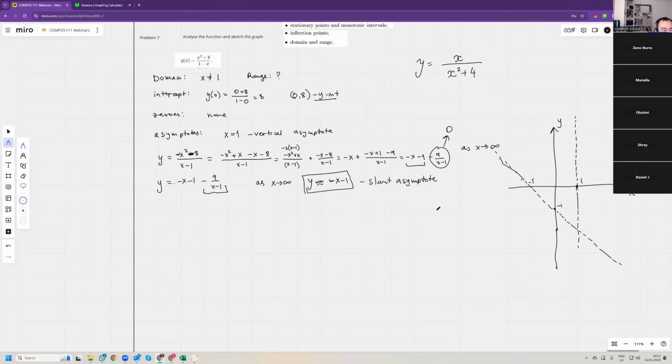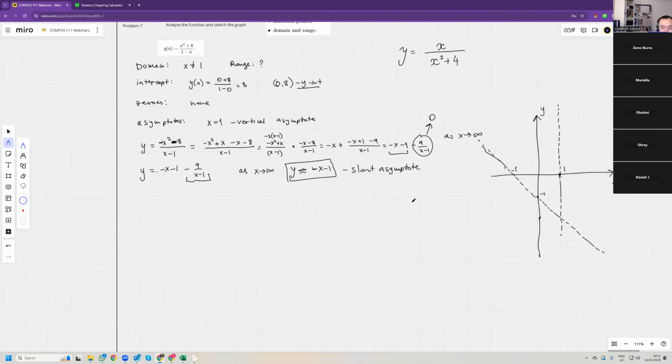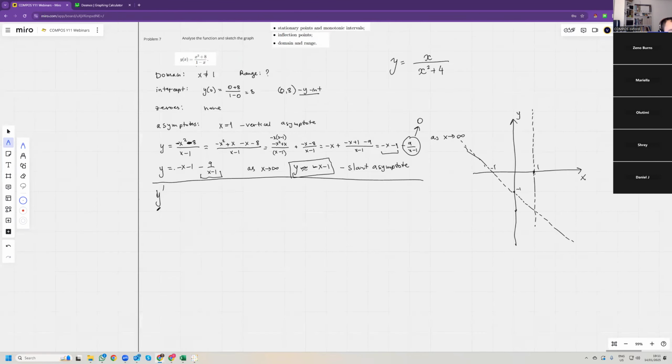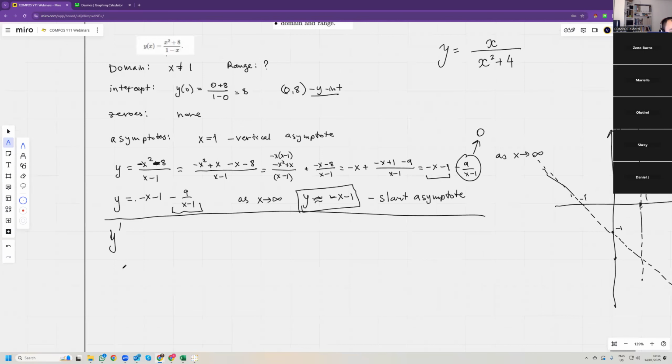Now I want to find the minimums and maximums, so I want to differentiate. So I want to find y dash, the derivative. So I use the quotient rule here. So it's going to be 2x multiplied by (1 minus x) minus (x squared plus 8) multiplied by minus 1, divided by (1 minus x) squared.